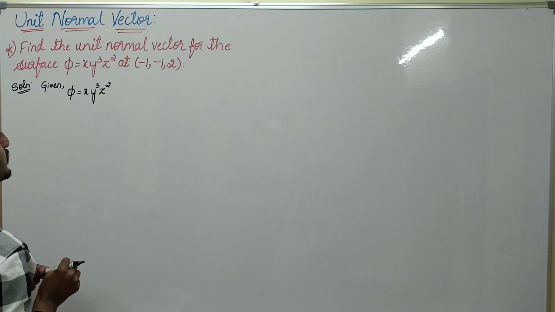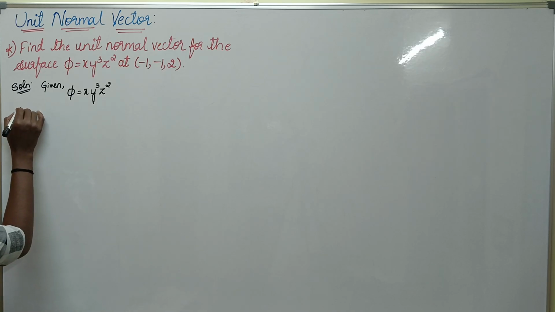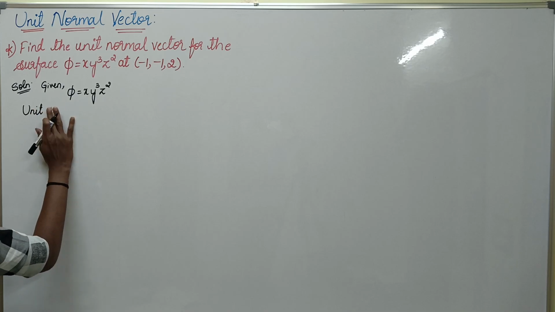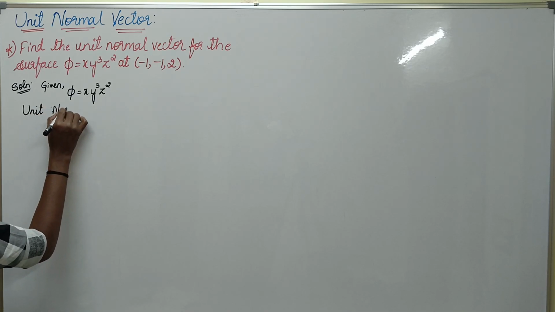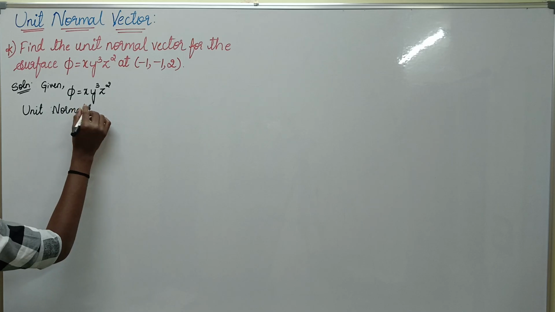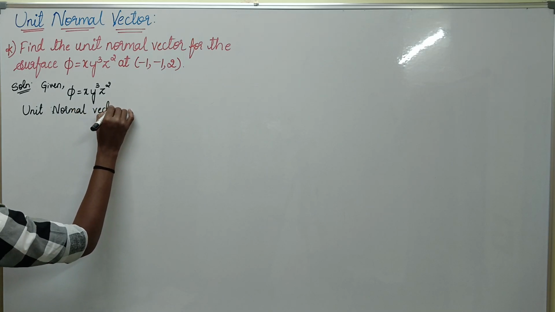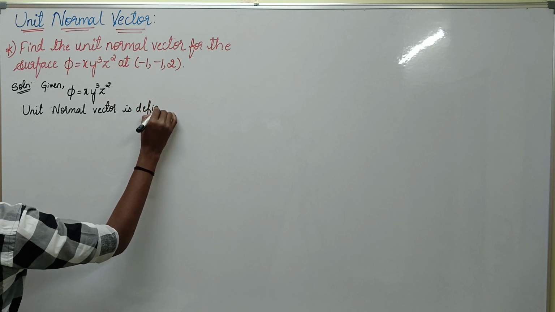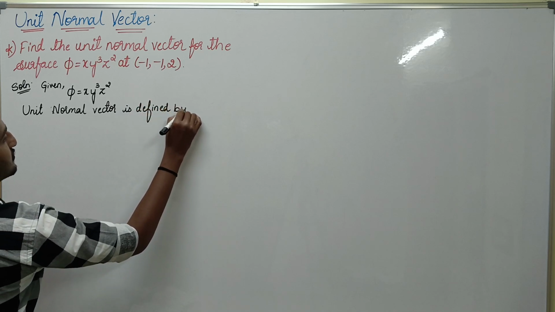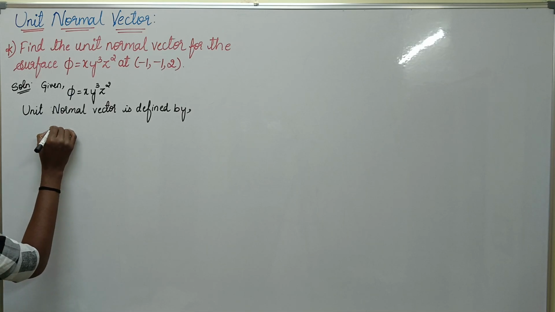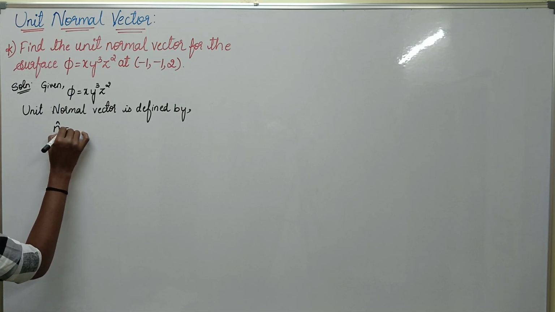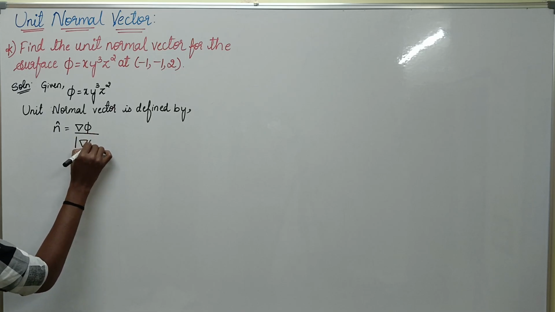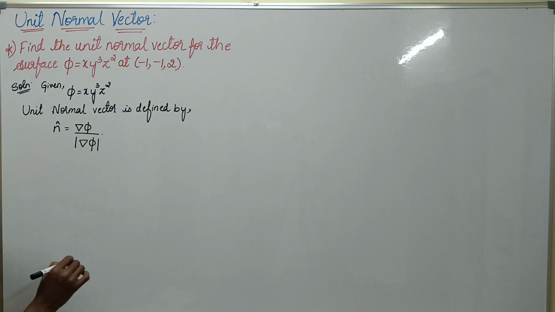First, to find unit normal vector, we have unit normal vector is defined by n cap, which is equal to gradient phi divided by modulus of gradient phi or del phi.